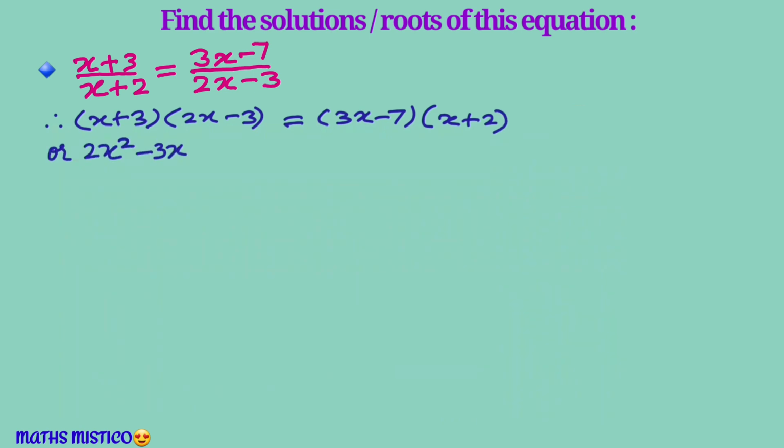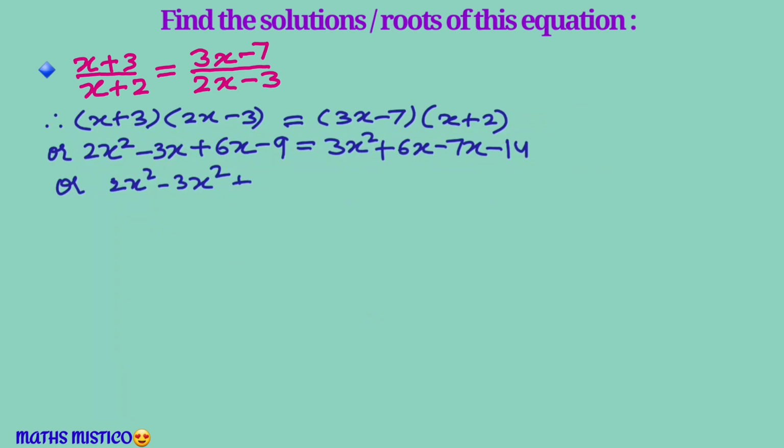Opening the brackets, we get this. Now bring all the terms from right hand side to left hand side and add the like terms. So 2x square minus 3x square gives minus x square, 3x plus x gives plus 4x, and minus 9 plus 14 gives us 5.